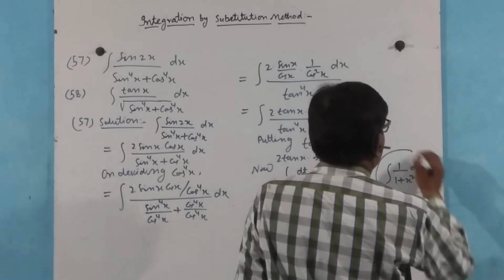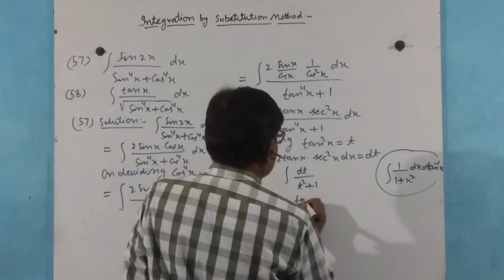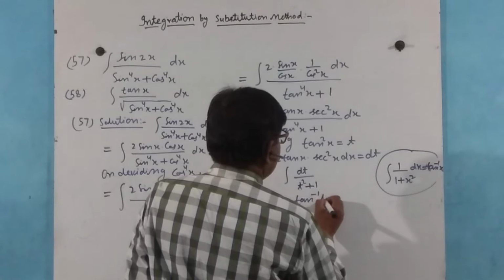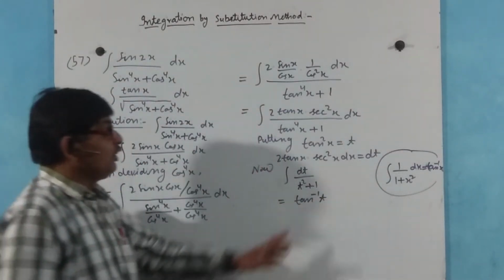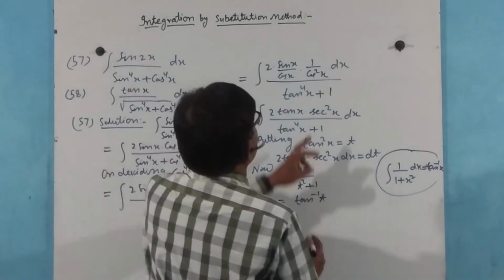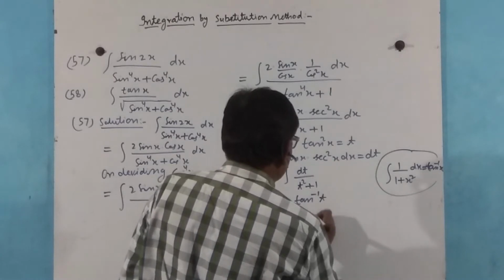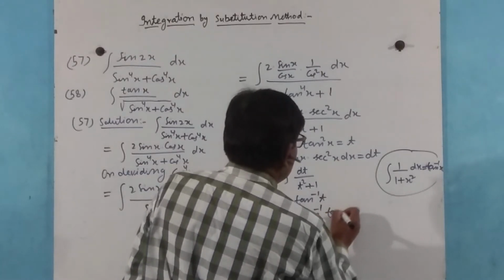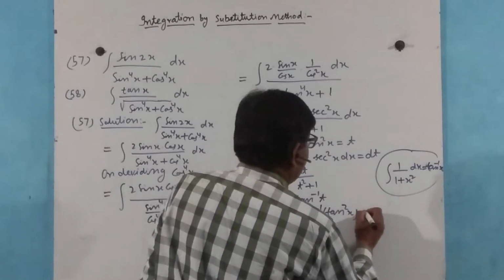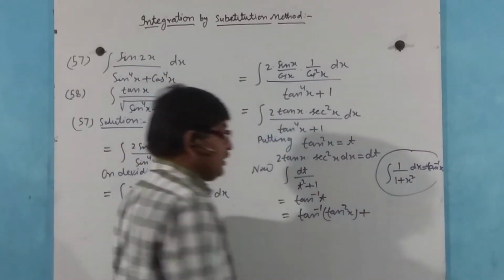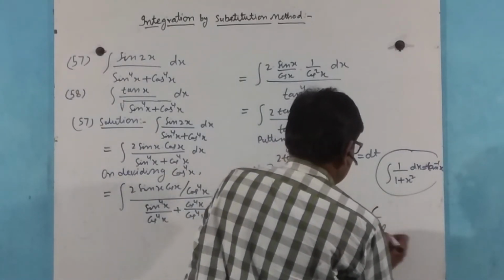This is a formula, so this is equal to tan inverse t. Putting the value of t, which is tan square x, this is equal to tan inverse of tan square x, plus the integrating constant c. This is our answer.